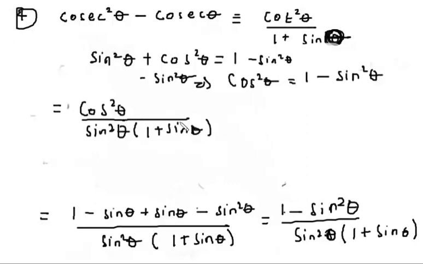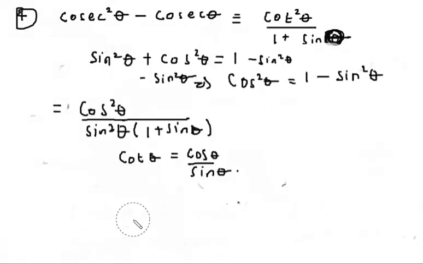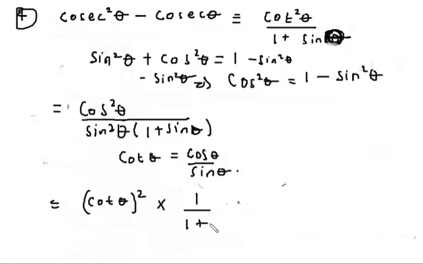Okay, so we know that cot theta equals cos theta over sine theta. Technically we'll just be replacing cos theta over sine theta here, so this becomes cot theta squared, times 1 over 1 plus sine theta.